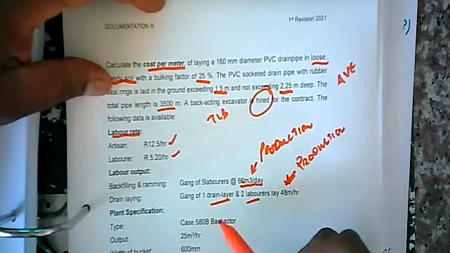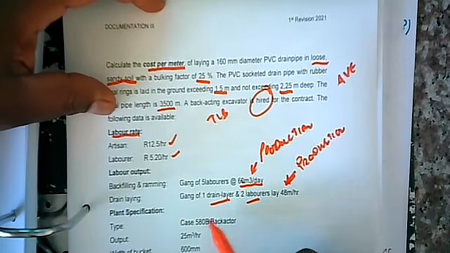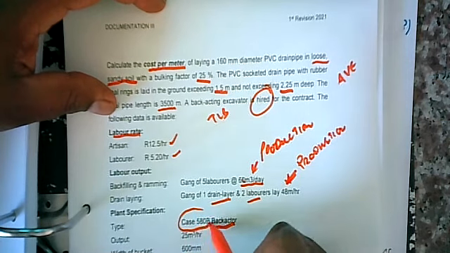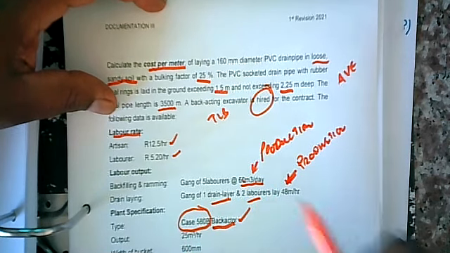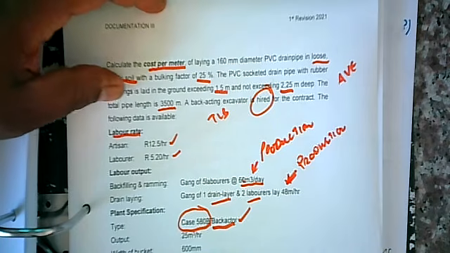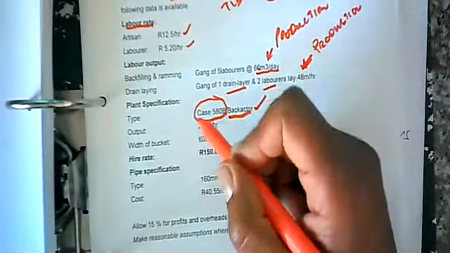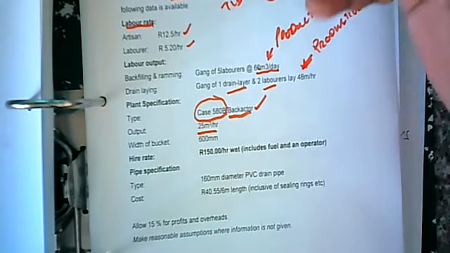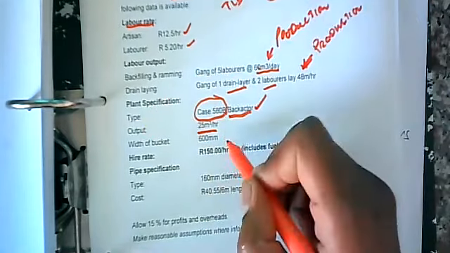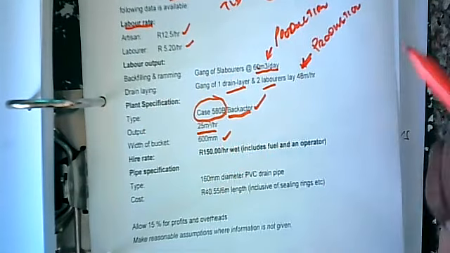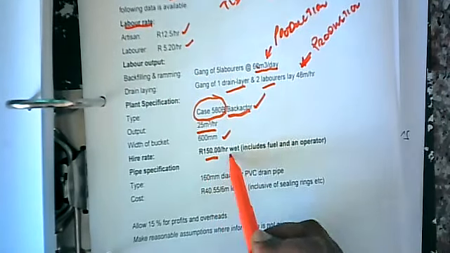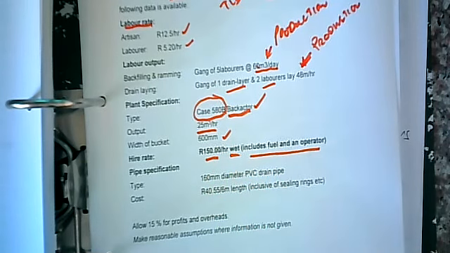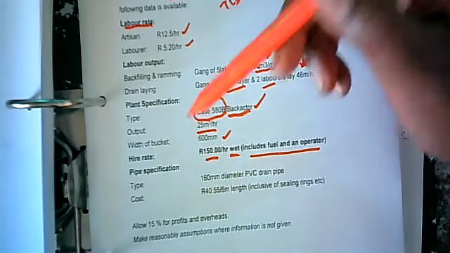Plant specification, the type is a Case 580 back actor. This is not really relevant, okay? This is the brand. But the fact it is a back actor is the issue that concerns us. It has an output of 25 cubic meters per hour. That we know we need. Width of the bucket, 600 millimeters, we're going to need that. Hire rate, 150 Rand wet. We already explained in previous lectures what wet means.